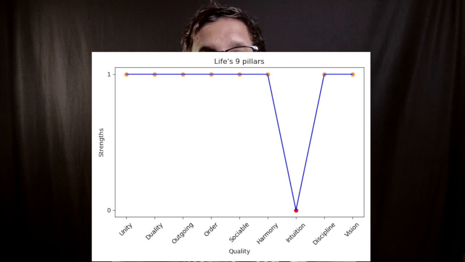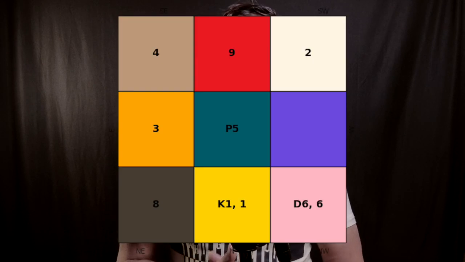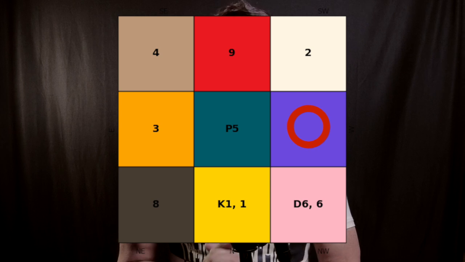Also, your life's nine pillars, the most important pillars: unity, duality, outgoing, orderly, sociable, harmony, intuition, discipline, and vision. Missing and repeated numbers, if you see them through your grid, what does it mean? How you can balance those, uncovering truths about yourself that guide you towards prosperity, growth, and a balanced, happier life.